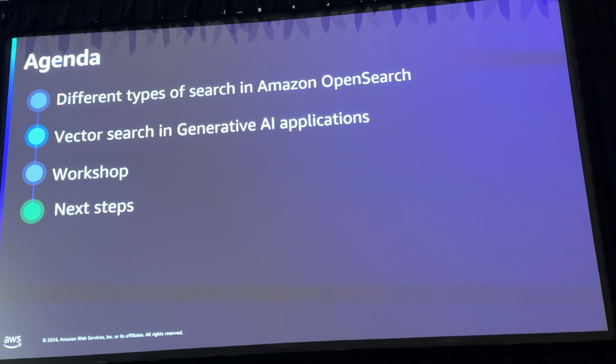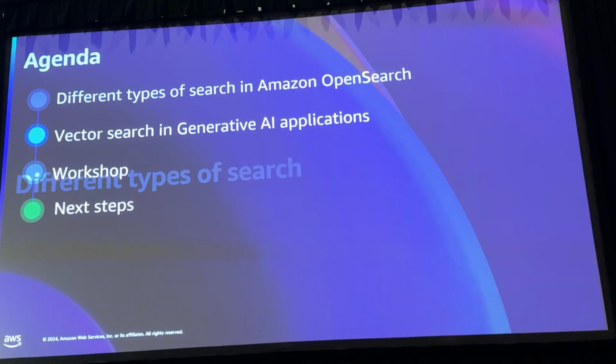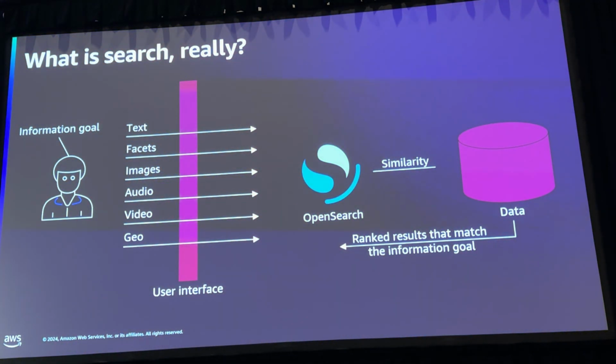We have provisioned temporary AWS accounts for each of you. This is where you will spend most of the time with us today. And finally, we will also briefly cover the next steps that you may consider when you're building your own intelligent search applications. So let's start with the different types of search, but before that, what is search really?